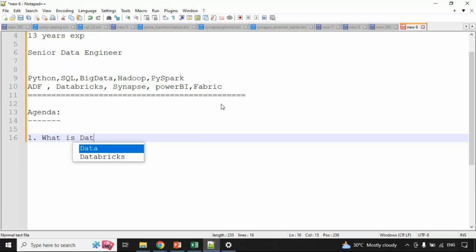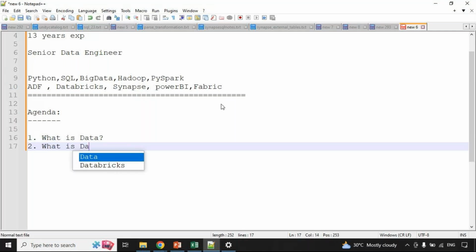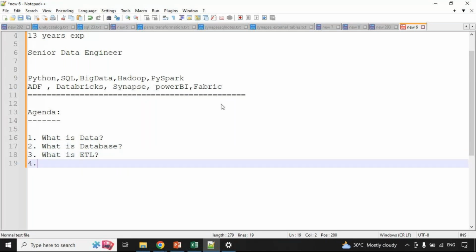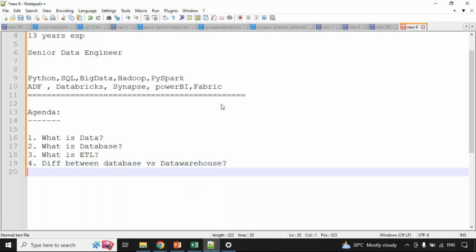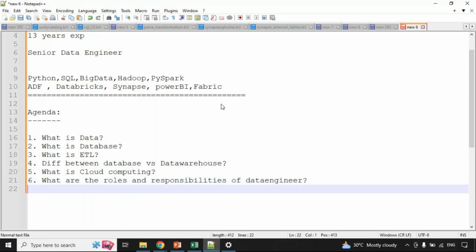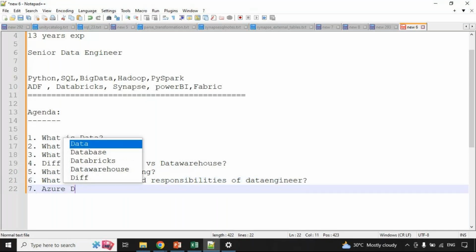I'm going to start with what is data, what is a database, what is the ETL process, the difference between database versus data warehouse, and then we'll go for what is cloud computing, and what are the roles and responsibilities of a data engineer, and then we'll go for Azure data engineering services.